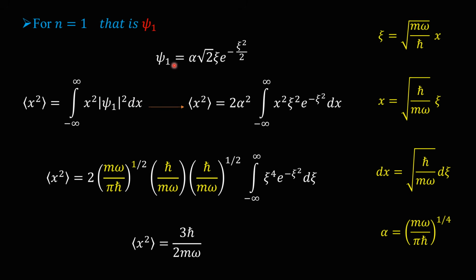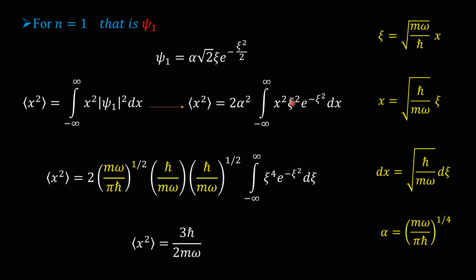So modulus psi 1 squared, I am replacing this, which is equal to 2 alpha squared. Square root of 2 will become 2 when you square it, then alpha squared. Then if you square this, you will get z squared e power minus z squared, because the denominator 2 goes away, it will become e power minus z squared. Of course you have x squared like this.